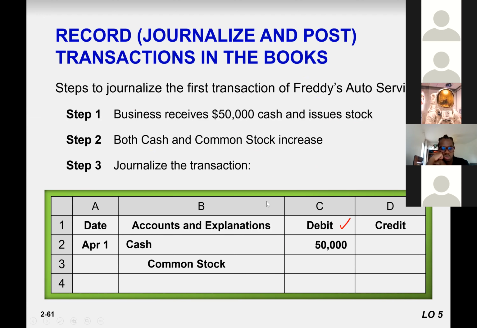Cash to common stock. So how do we pronounce this entry? Cash to common stock. Whenever I say "cash to common stock," even though we don't have the journal entry, it means cash is debited and common stock is credited.